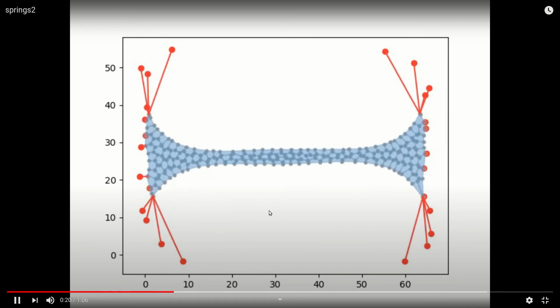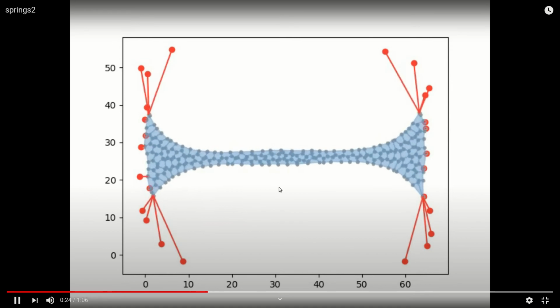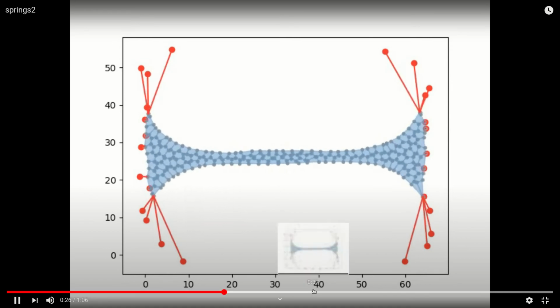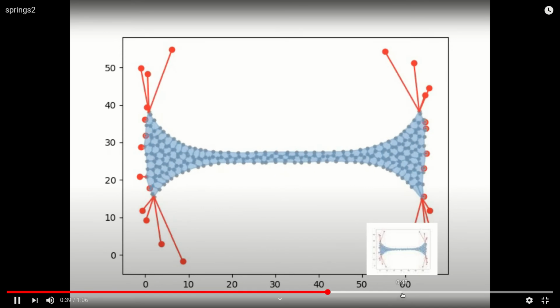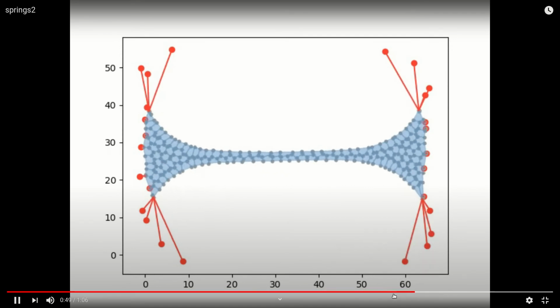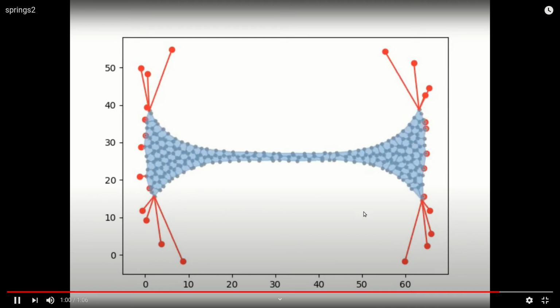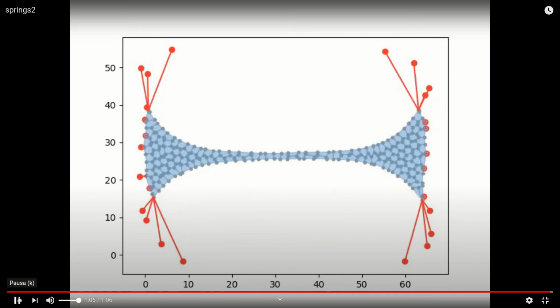So this width of 10 cells becomes 3 cells in width, and after a while it has 2 cells in width, and in some parts it starts having only 1 cell in width, like here, and then here it's only 1 cell, okay?